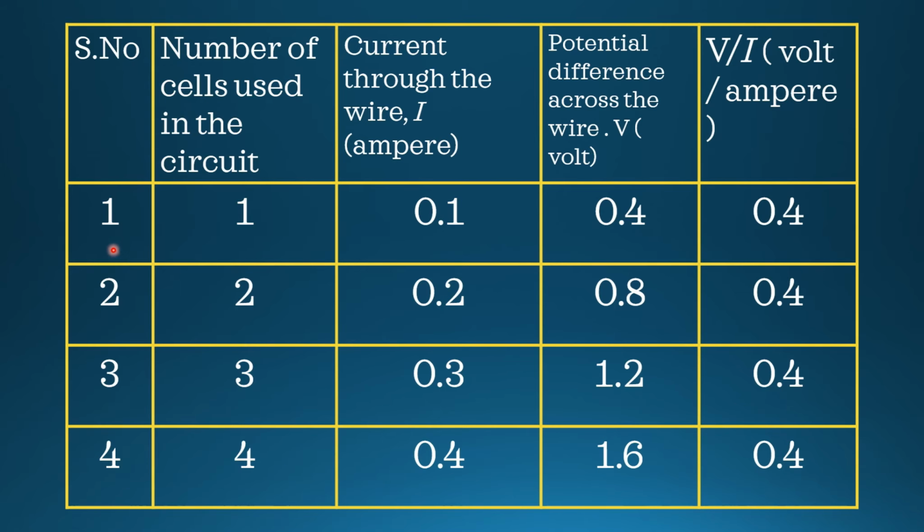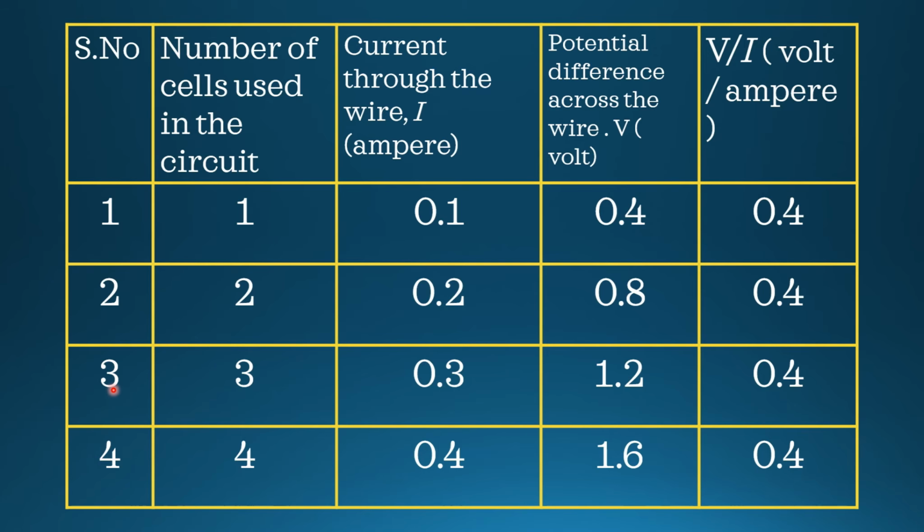For the first cell we get 0.1 and 0.4 volts, and V by I is 0.4 by 0.1, that is 0.4. Next, with two cells connected, we measured current 0.2 amperes and voltage 0.8, and V by I is again 0.4.